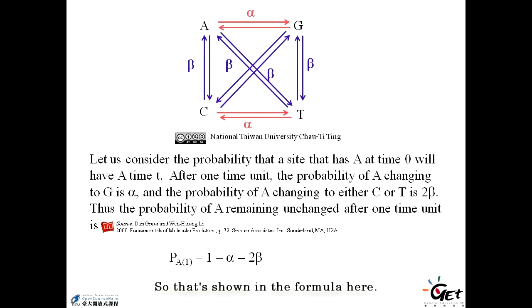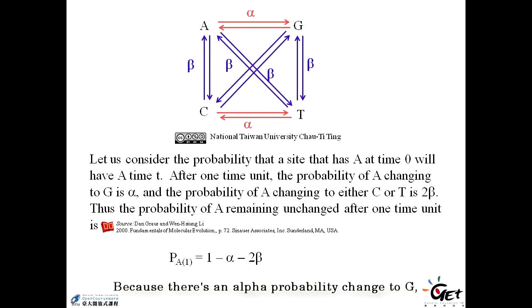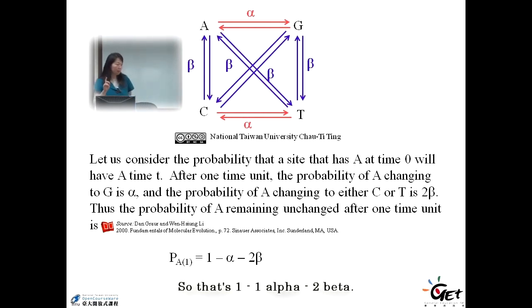That's shown in the formula here. So the probability to stay as an A, unchanged, is 1 minus alpha minus beta to T, minus beta to C. We just change 3 alpha to alpha and 2 beta, because there's alpha probability of change to G, beta probability of change to C, and beta probability of change to T. So that's 1 minus 1 alpha and 2 beta.